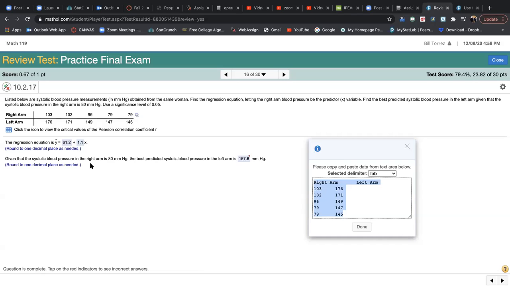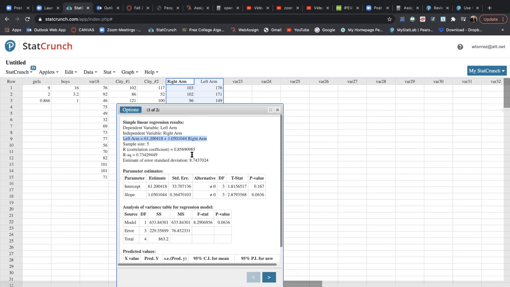61.2 and 1.1. We're rounding to 1 decimal place. So again, let's stare at these results. If you round to 1 decimal place, those are the values you get.